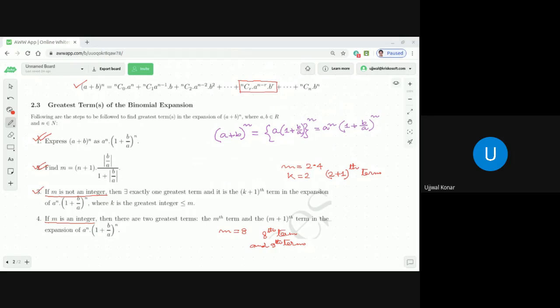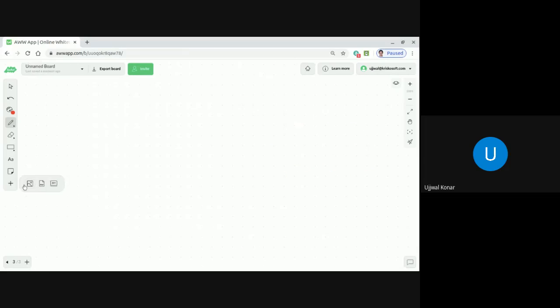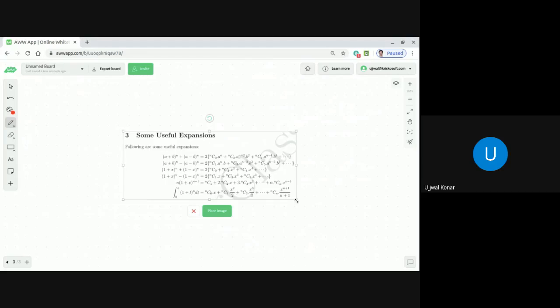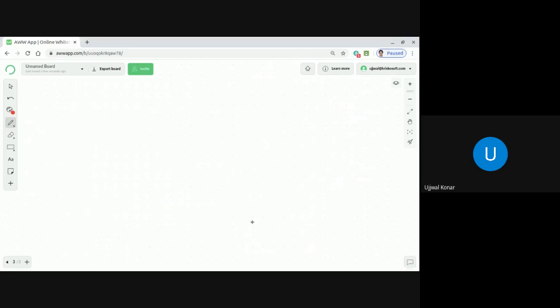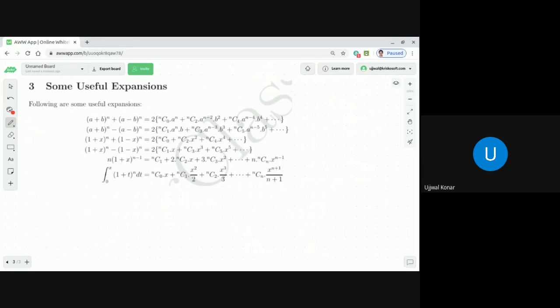So now let me give you some useful expansions, and I'll tell you their importance. Okay, so here it is. You are going to get that note in another few seconds, and you can always explore after the class to find how it is.